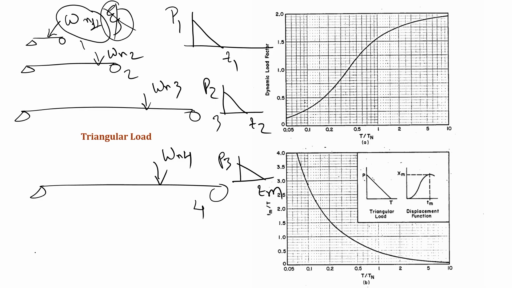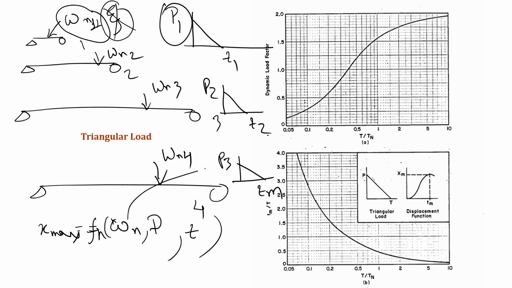So, the maximum response of the system, x max, will be a function of omega n, the value of P and the value of T. Here omega n is represented by Tn. Omega n equals twice pi over Tn.